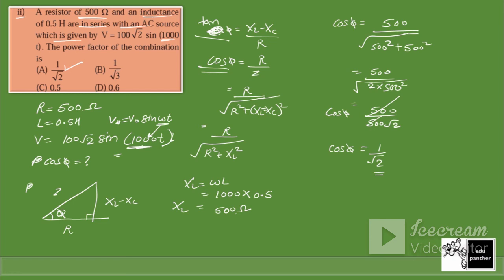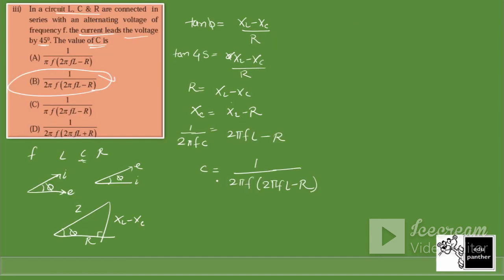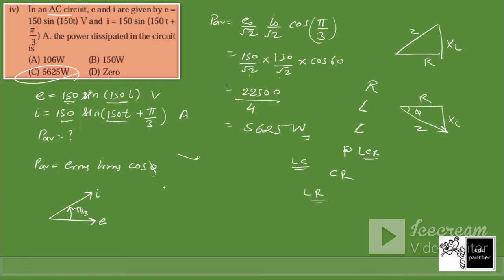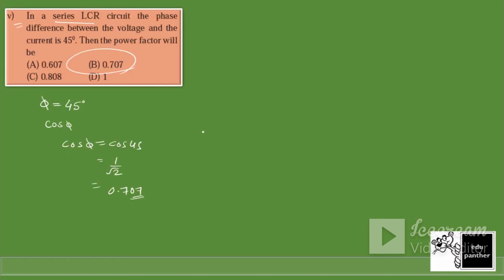Power factor is a number, or a fraction, of the total power present at the output. Then the formula for inductive reactance, XL, that is omega L. Then again the power factor formula, and the impedance triangle. The impedance triangle is very important for this chapter. Then the phasor diagram, the concept of average power, and the last one is again a revision type, that is cos phi. So that's it for this session.